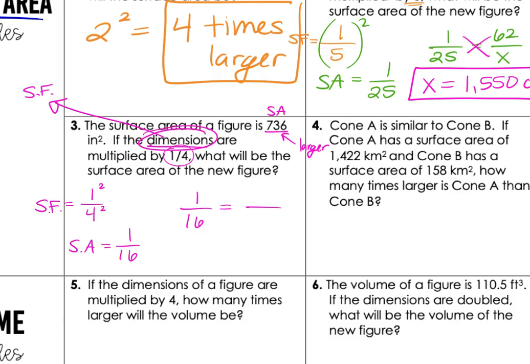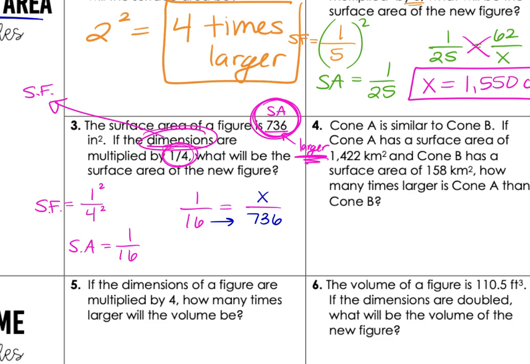They told you the figure is this. And then it shrunk, right? It got 1/4 the size of what it was. So this is the larger figure. So where are you going to put that 736? Top or bottom? On bottom, across from the larger of the 2 numbers, which means we're solving for that top surface area, okay?